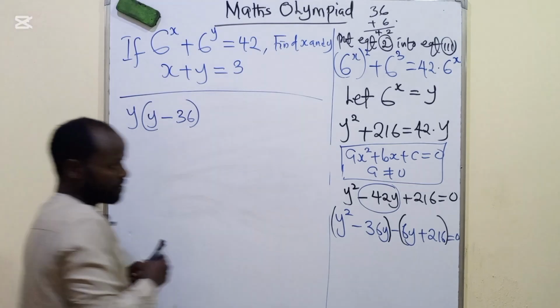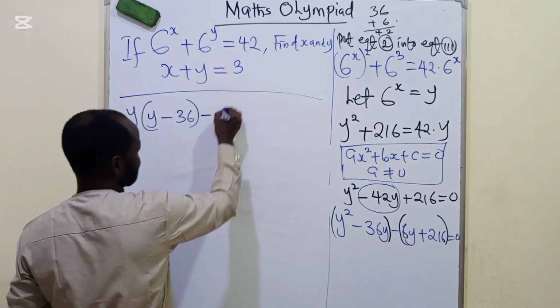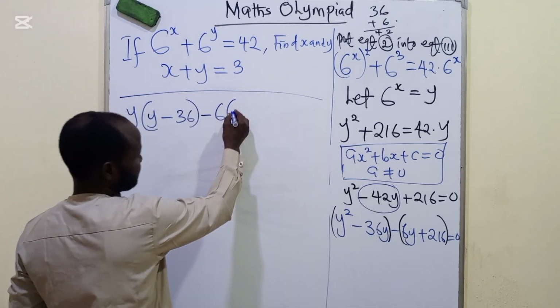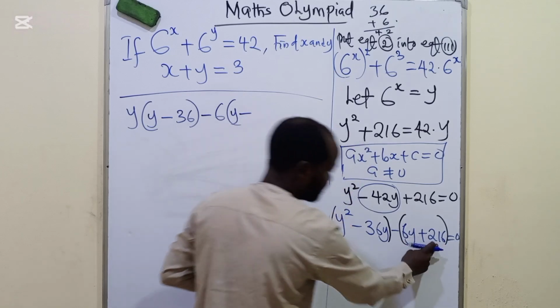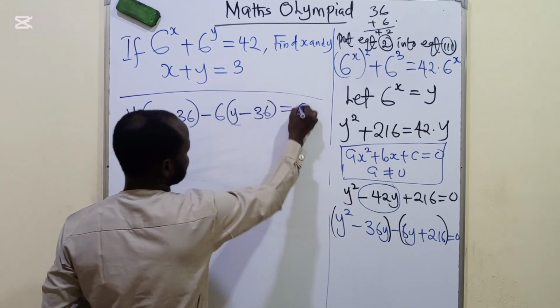Close the bracket. What is common here is minus 6. Outside minus 6 into, 6y divided by 6 will be left with y, then minus 216 divided by 6 will be 36, equals 0.